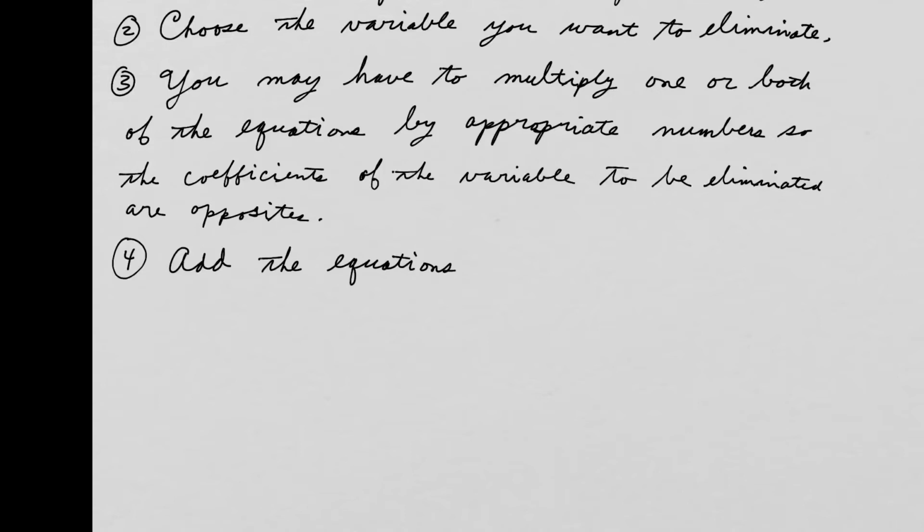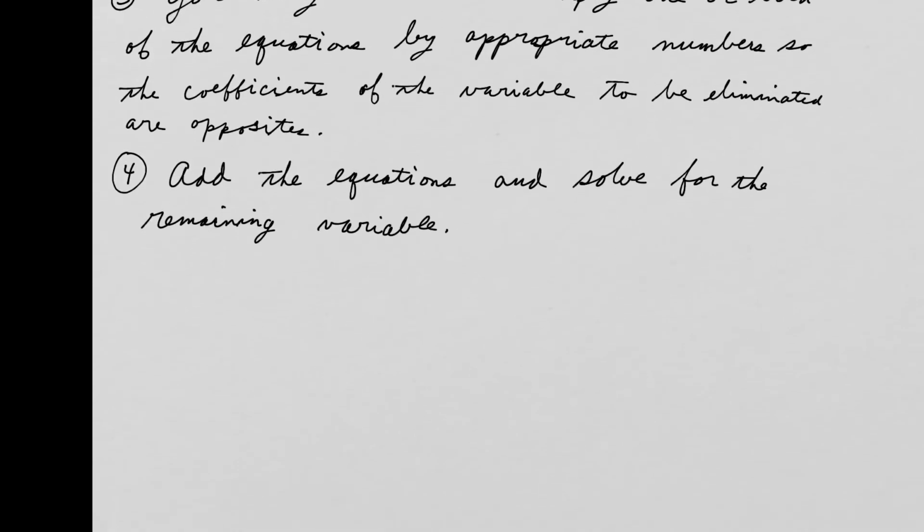That will eliminate one of the variables, and you want to solve for the remaining variable. And then finally, this is sort of the same as with the substitution method, this last step.